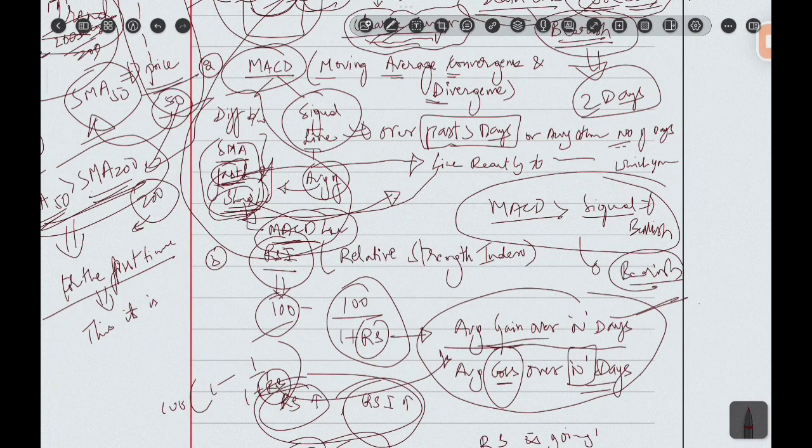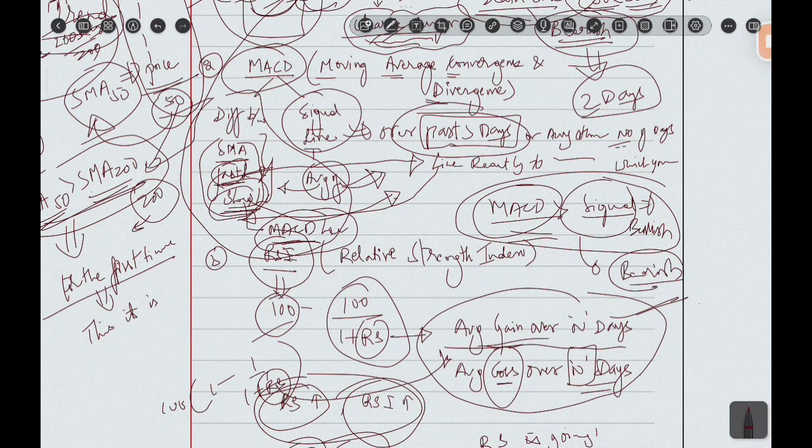And the signal line is calculated over the past 3 days or any other number of days that you consider. We take the average of those and we check whether the MACD line is greater than the signal line or not.